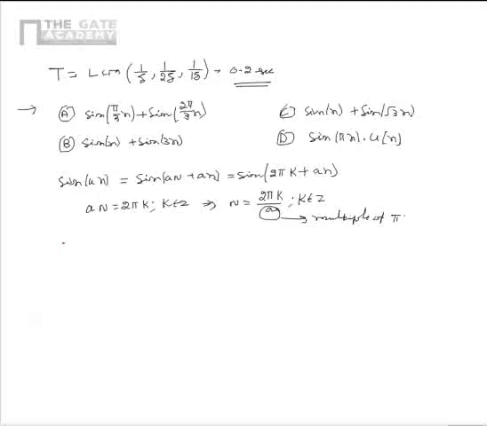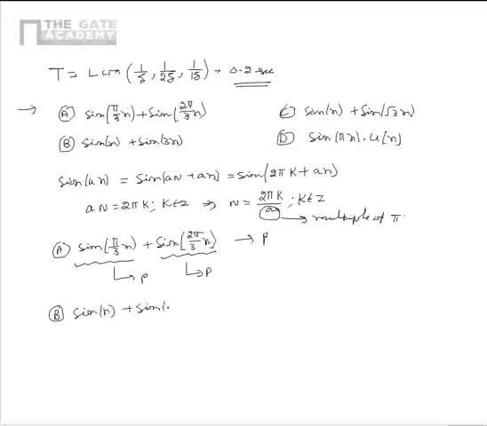From this we can say that the signal in option A, that is sine of pi by 3 n plus sine of 2 pi by 3 n, is periodic because the individual signals sine pi by 3 n and sine 2 pi by 3 n are periodic. So the sum of signals is also periodic. Now let us consider the signal in option B, which is sine n plus sine 3n.